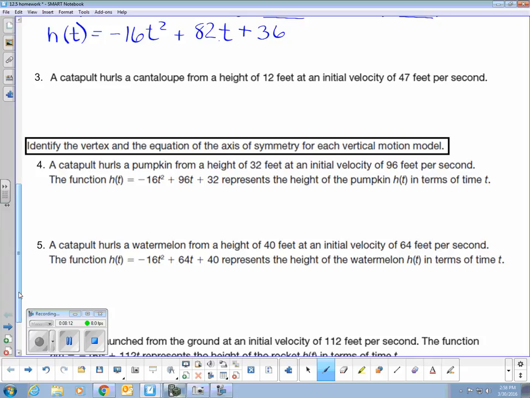Number 4, we have to find the vertex and the axis of symmetry, and number 4 is another catapult. We are given the function negative 16t squared plus 96t plus 32. So let's start with the vertex.